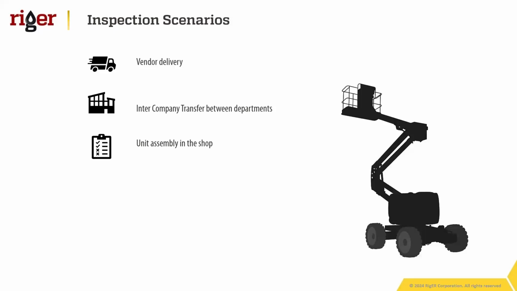If you're assembling or disassembling units in the shop, and probably the most important one is going to be your pre and post job inspection when you send it out and receive the equipment back from your customer. You can also repair the equipment and run an inspection right afterwards to visually inspect that the repair has been completed correctly.